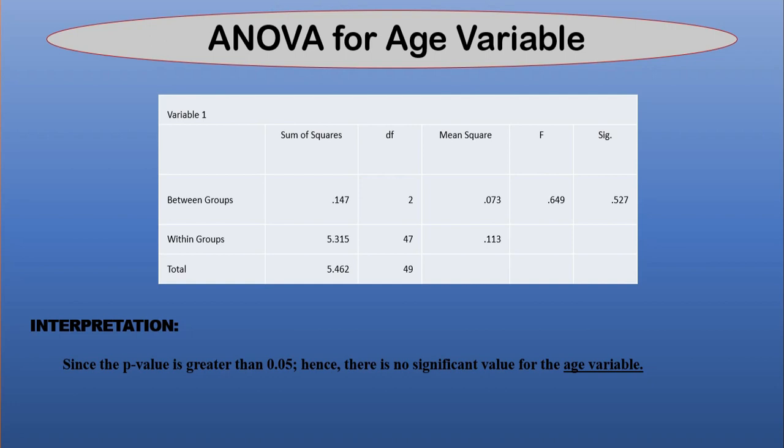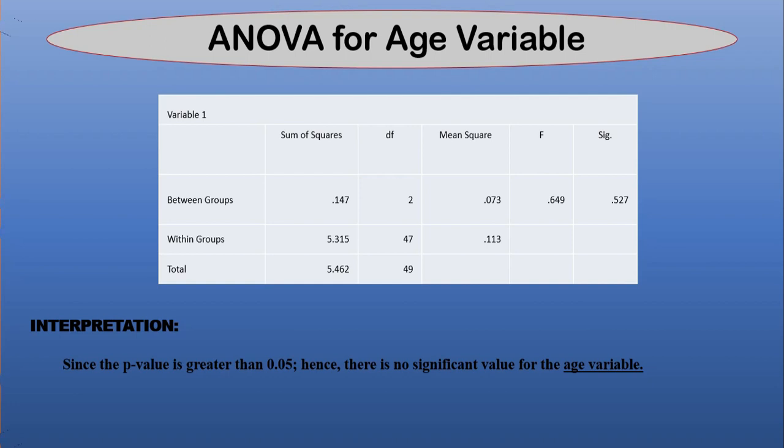As you can see, the result is given in this table. Since the significance value for the age variable is 0.527, the required value for significance must be equal to 0.05 or less. Since the p-value in the age group is 0.527, it is not equal to or less than 0.05. Hence, there is no significant value for the age variable.